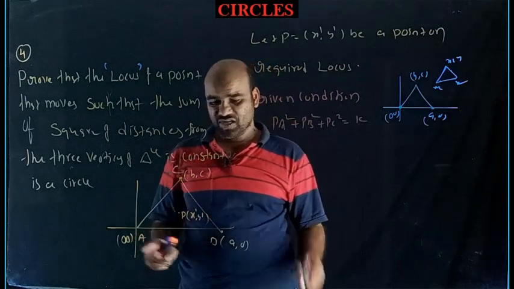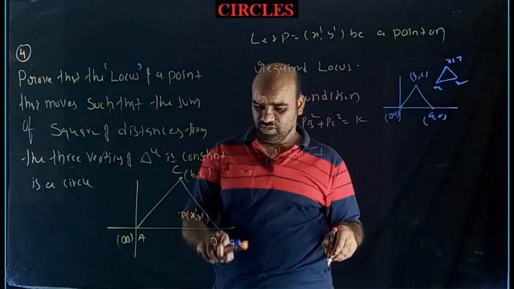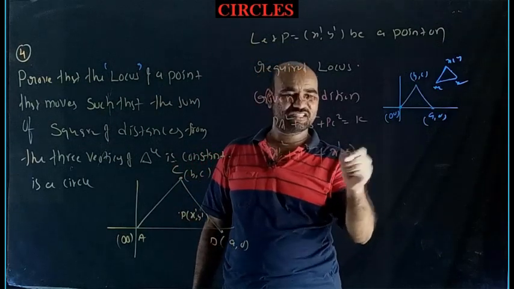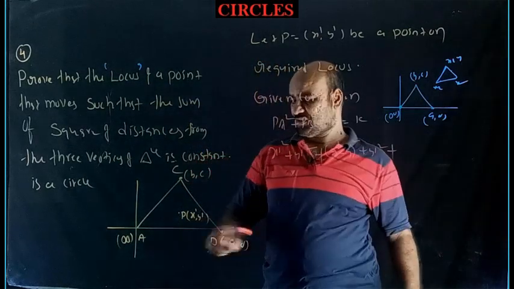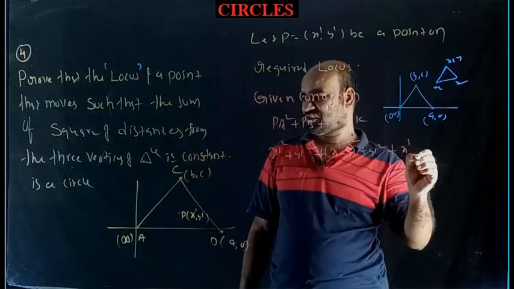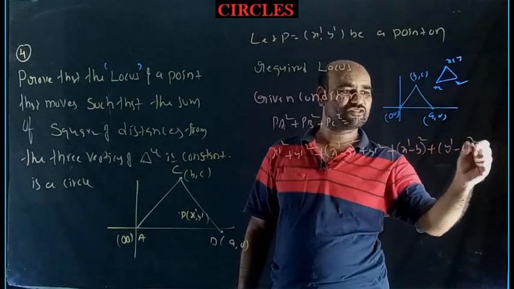PA square means x dash square plus y dash square, PB square means x dash minus a whole square plus y dash square, and PC square means x dash minus b whole square plus y dash minus c whole square, equal to k.